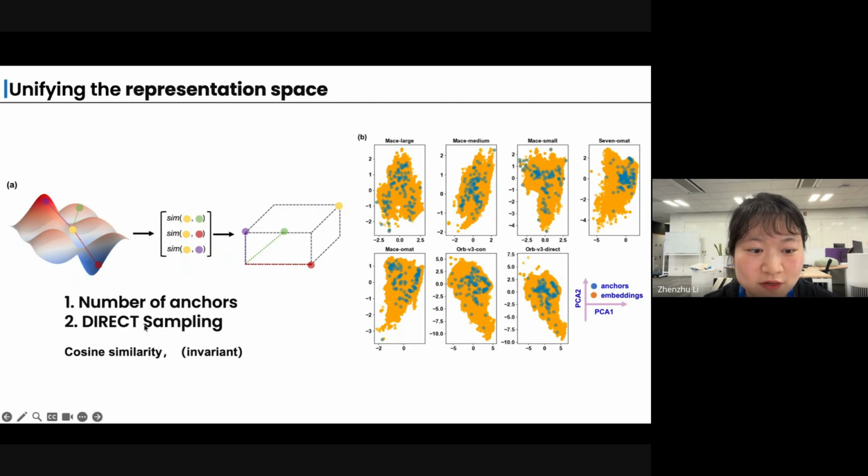Here is one illustration of 100 anchor points and their distribution on top of the entire chemical space. And we can see the diversity of them is quite good.